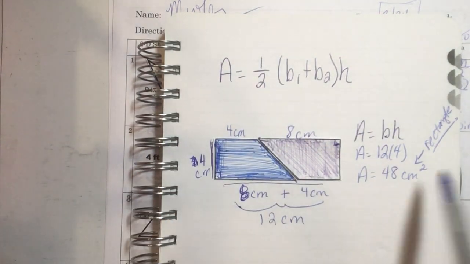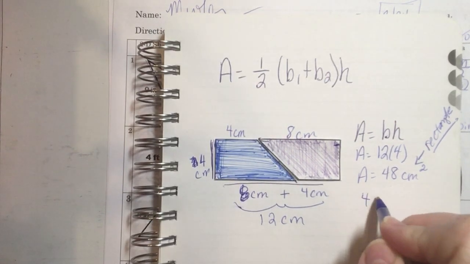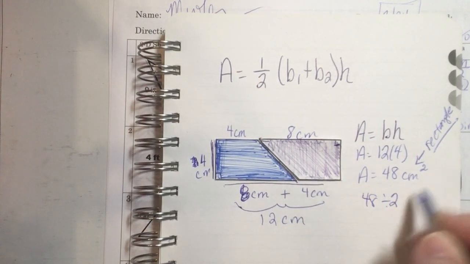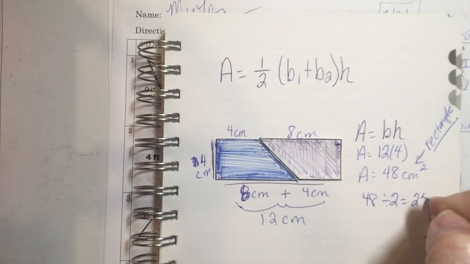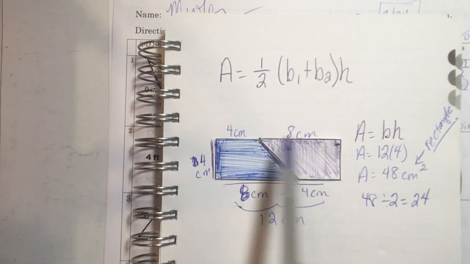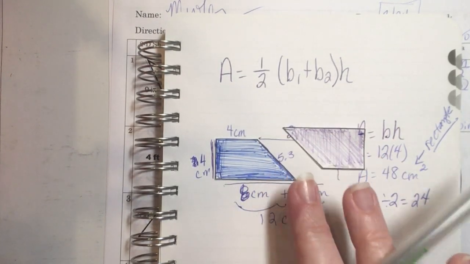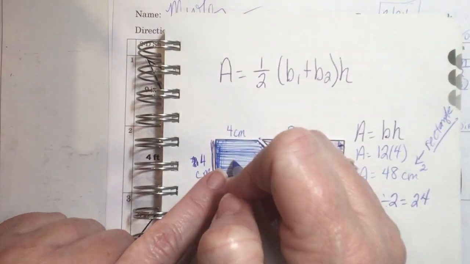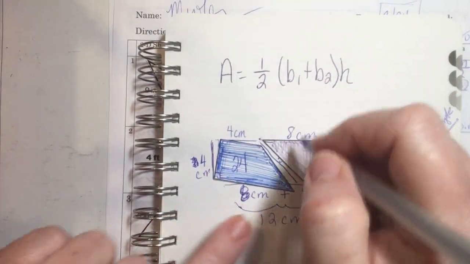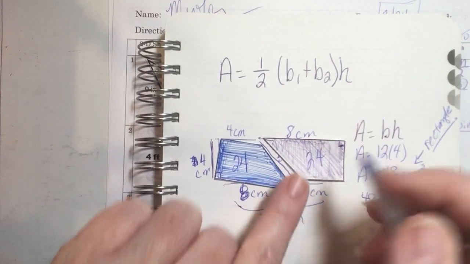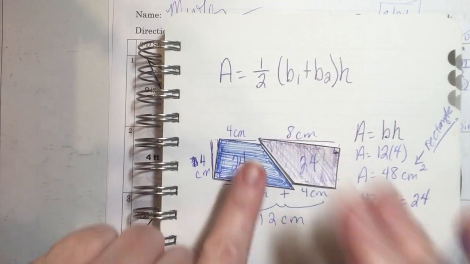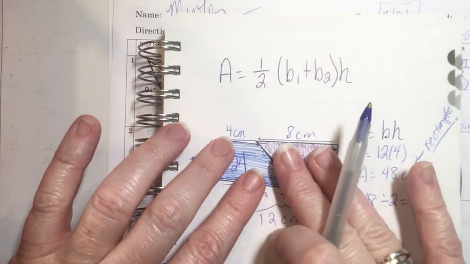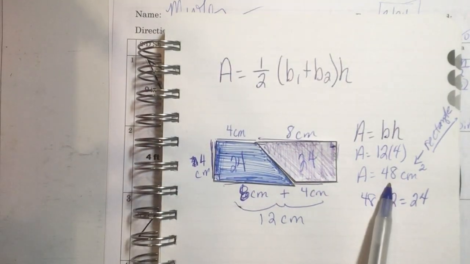So we've got to take that 48 and say 48 divided by 2, and that's 24 if you didn't know. So the area of this trapezoid is 24. The area of this trapezoid is 24. And if we add it together, that's where we got the 48 for the area of the rectangle.